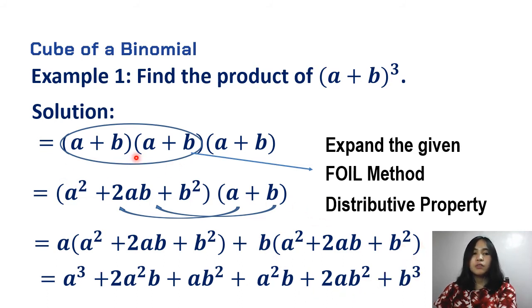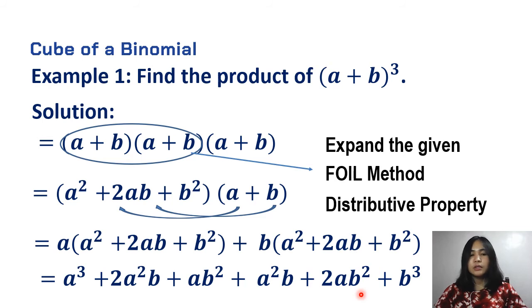So, after solving the first two binomials using FOIL method, what we need to do is distribute the last binomial. So, A, distribute natin sa a squared plus 2ab plus b squared. And si B, distribute din natin siya sa a squared plus 2ab plus b squared. So, it becomes a cubed plus 2a squared b plus ab squared plus a squared b plus 2ab squared plus b cubed.